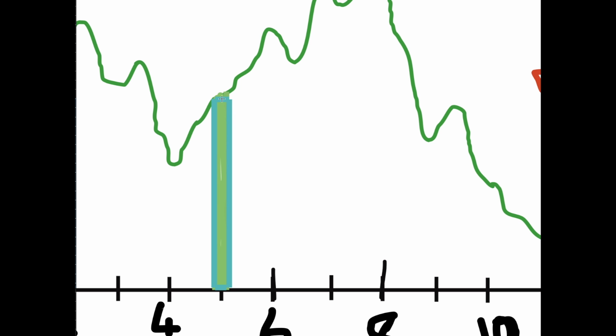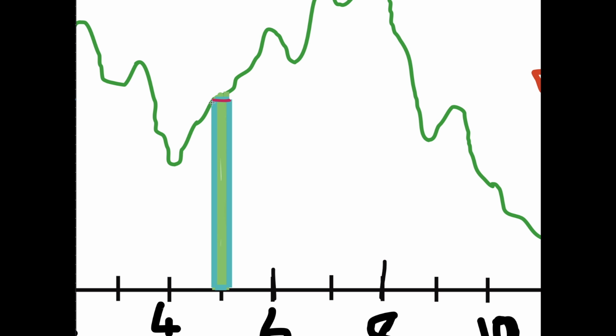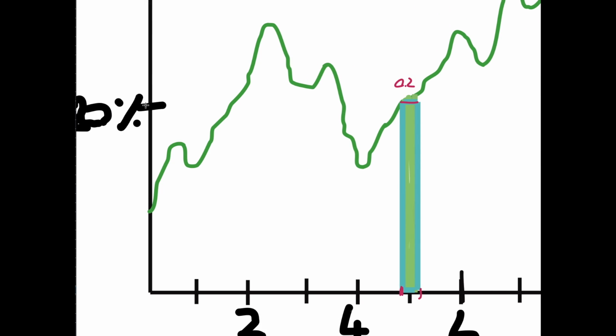Well, this length here is going to be 0.2, right? Because this is 5.1 and this is 4.9, so 0.2. And for the height, we can look at here. It looks like about, well, we can calculate it exactly.